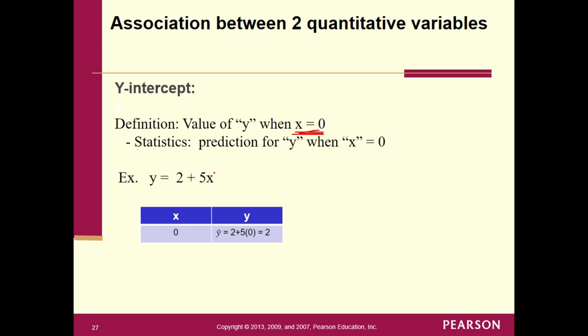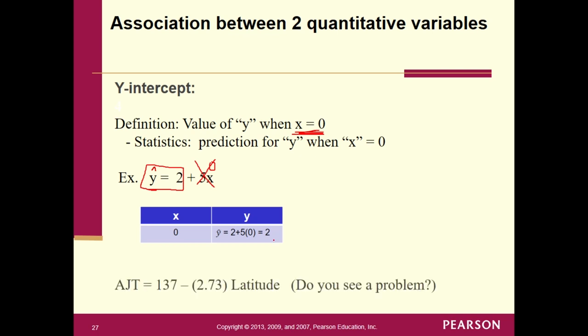You simply get 2. This goes away, and you're just left with y is equal to 2. So you're always just left with y equal to the y-intercept. When you put in 0, this is what we would predict for y when x is 0. That's the y-intercept in a regression analysis.